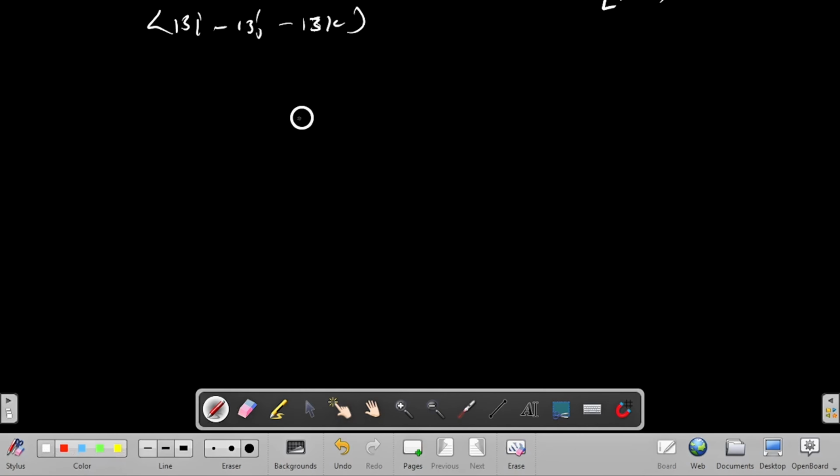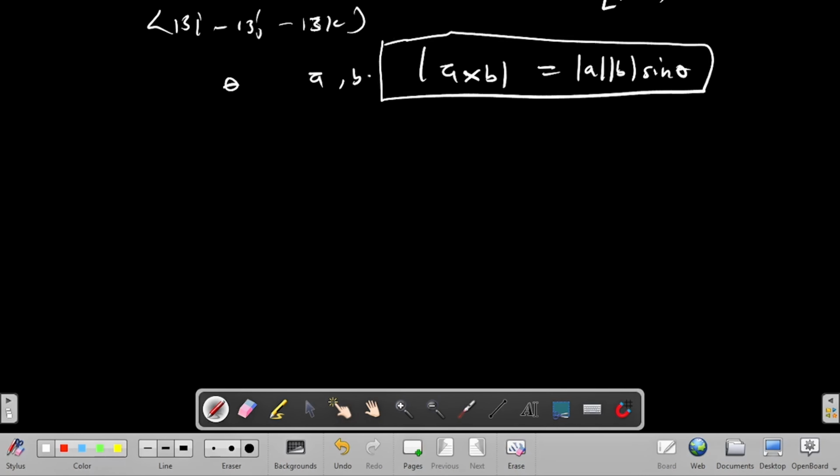The corollary is that if an angle theta is between two vectors A and B, therefore the absolute value of A cross B should be equal to the absolute value of A, times the absolute value of B, times sine theta. This is not cos theta as we had for the dot products. As simple as that.